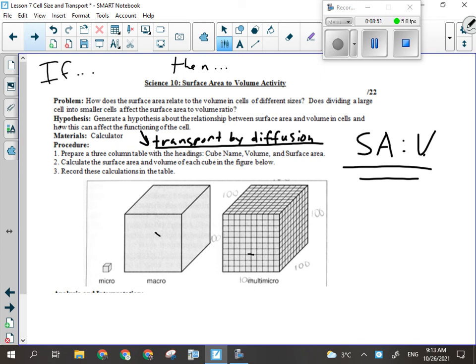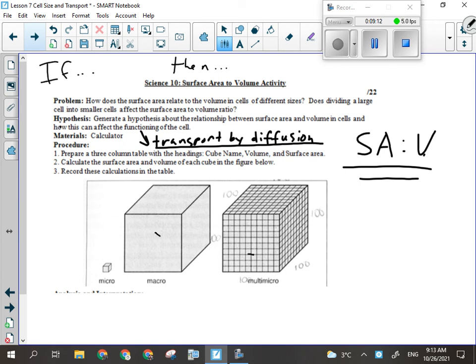So what I'm looking for here is cells with better surface area to volume ratios, or not better, but bigger surface area to volume ratios, will what? Okay, what will they be able to do that a big cell with a poor surface area to volume ratio won't? That's the then part.